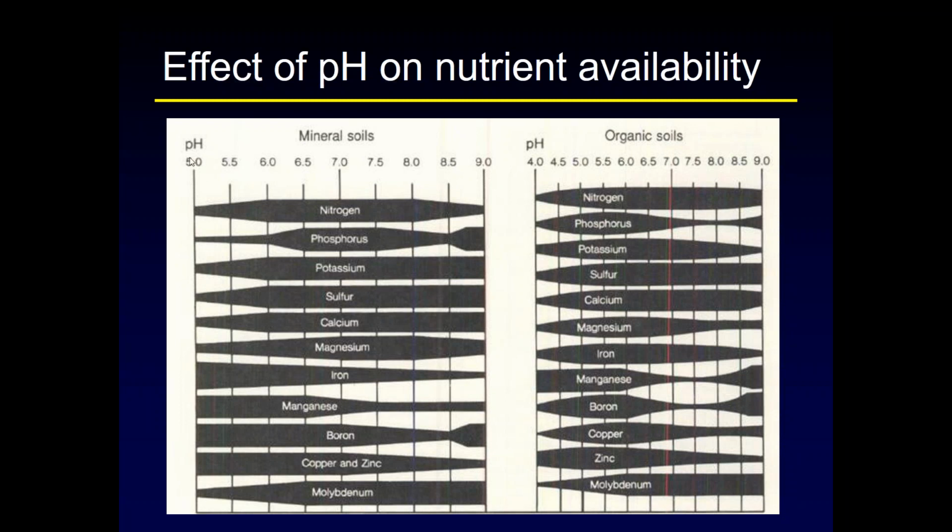So if you have a pH of 5, some of these nutrients are not available, but they become relatively more available as you move up into pH 6 or 6.5, etc. Now, this chart for organic soils is not necessarily the same as the organic media that we use in our containers. This refers mostly to soils that have a high peat content, or these muck type soils that are in some parts of the country, including Ohio.